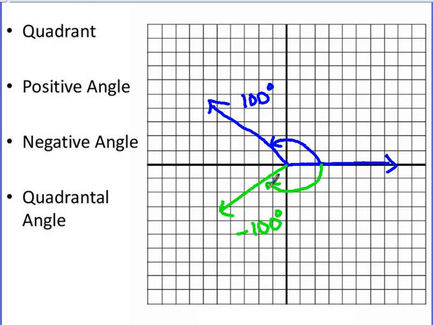If I go down or clockwise, that's a negative angle. A quadrantal angle is one that has the terminal side on an axis. So like a 90-degree angle or a 270-degree angle, one that is on the axis, or a 180 if we drew a straight line.